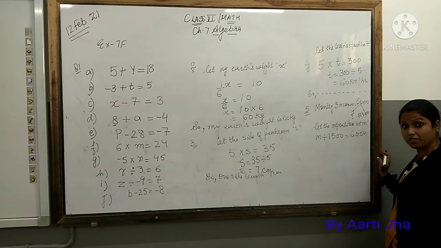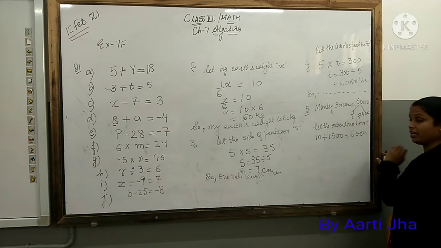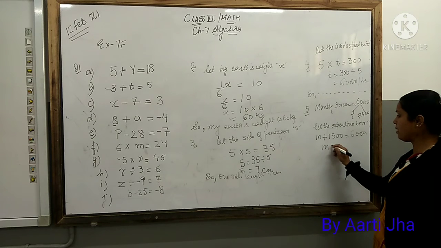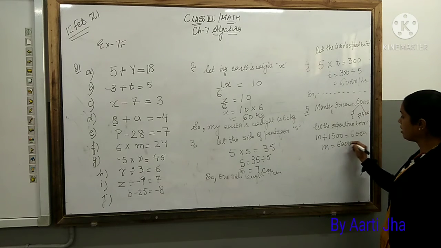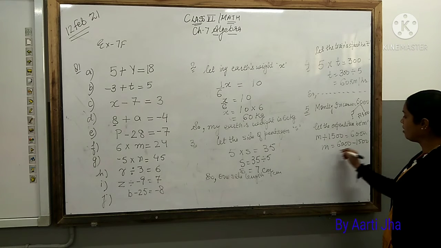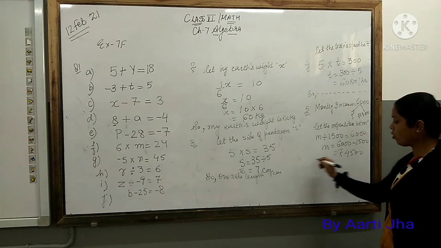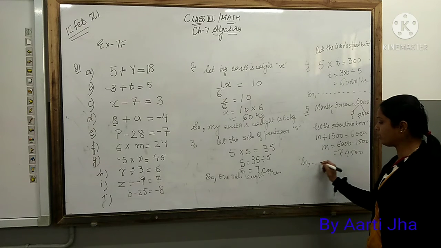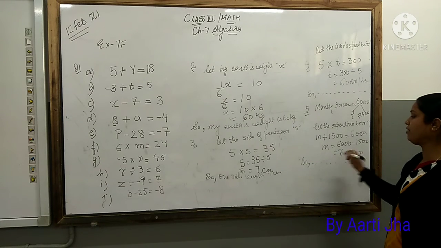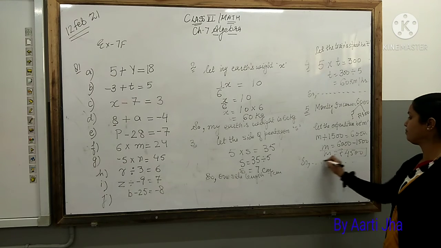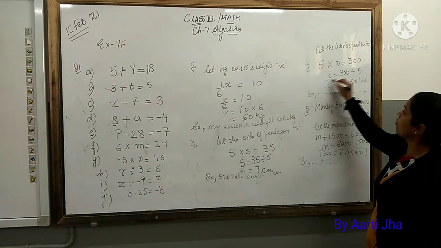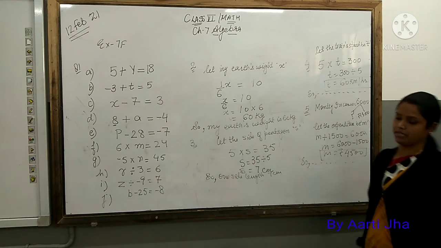Since they are parts of 6,000, together they make the income. So plus sign. M equals 6,000 minus 1500, which comes as 4,500. So what is the expenditure, children? The expenditure is 4,500. This is what you have to find.